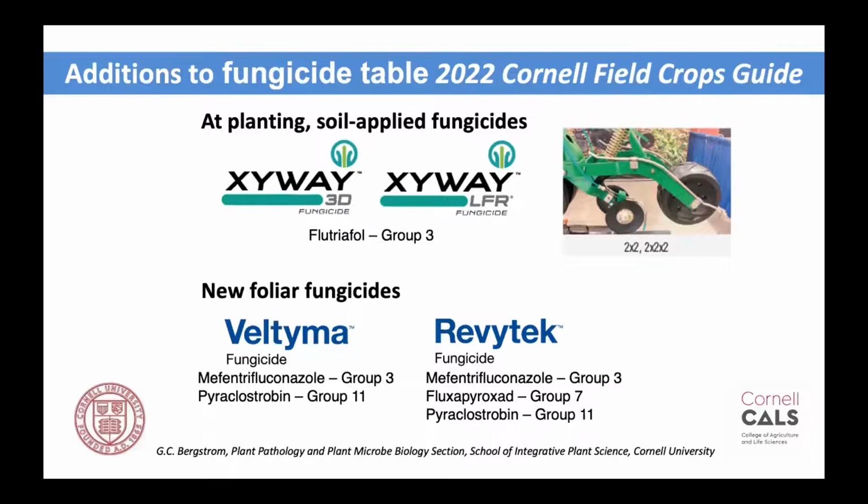So I can put something in the chat box, but people wanting more information can approach directly Gail Drake or Chris Leon from FMC. Also, two new multi-component fungicide products in the foliar arena are Veltima and Revitec, both from BASF this year. And I'll be talking a little bit more about foliar fungicides a little later.